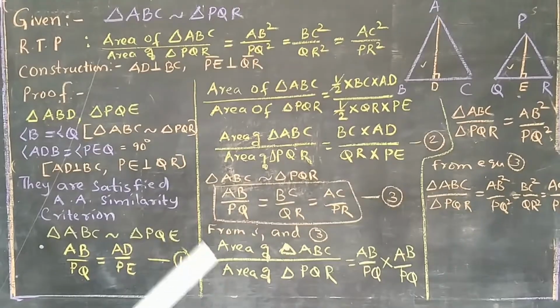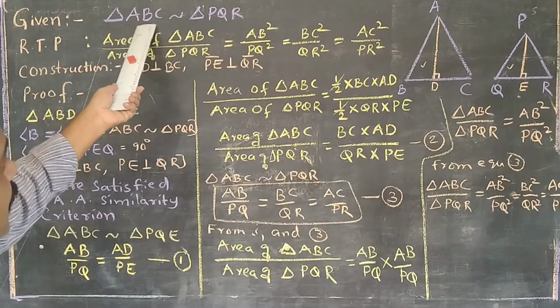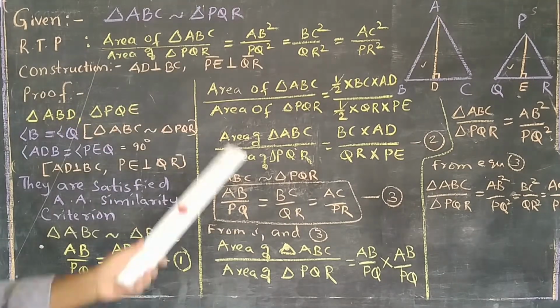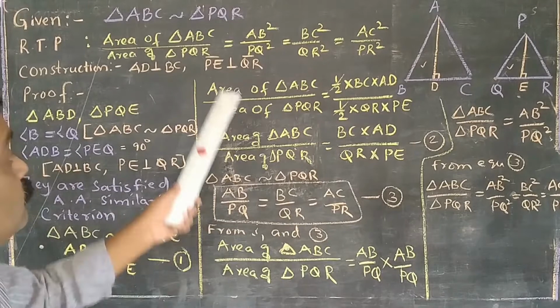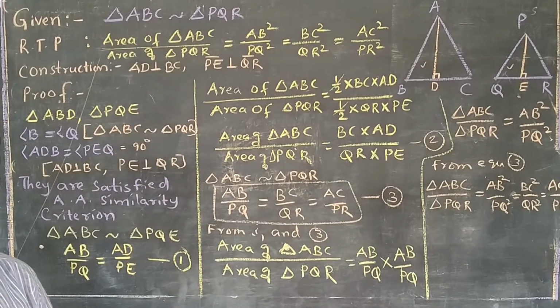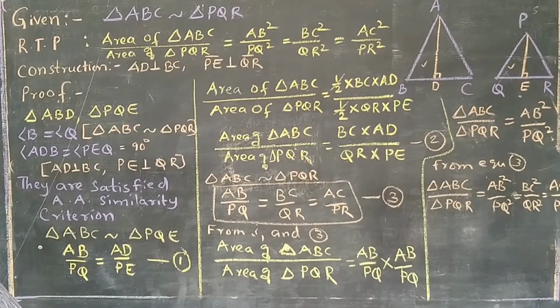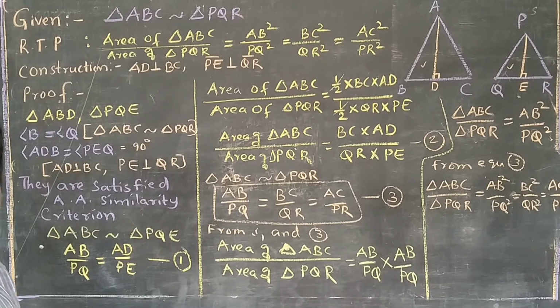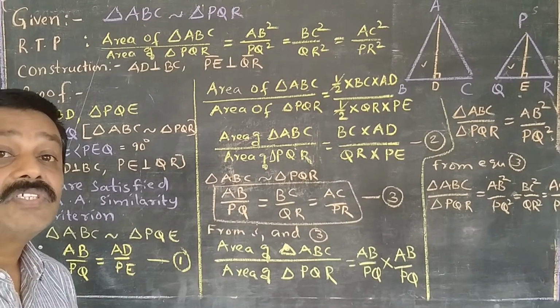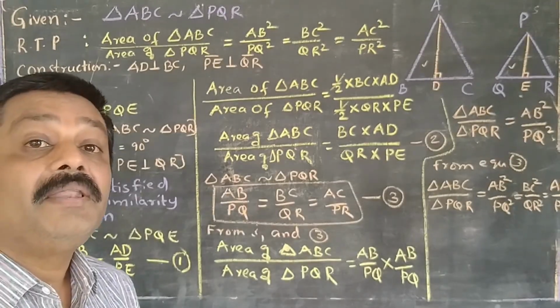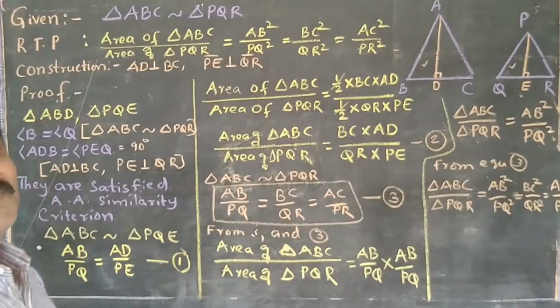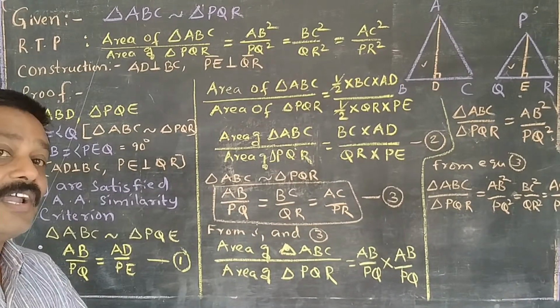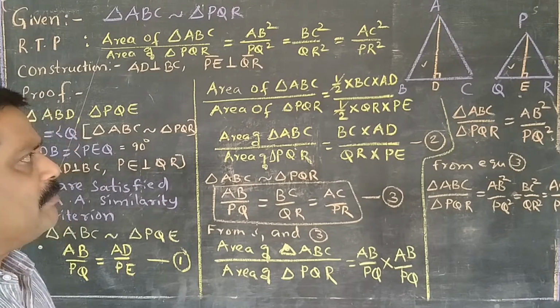The same question again I am going to change a little bit. If two triangles are similar, the ratio of areas of two similar triangles is equal to the ratio of squares of their corresponding medians. Students, the question changes: corresponding altitudes become corresponding medians.